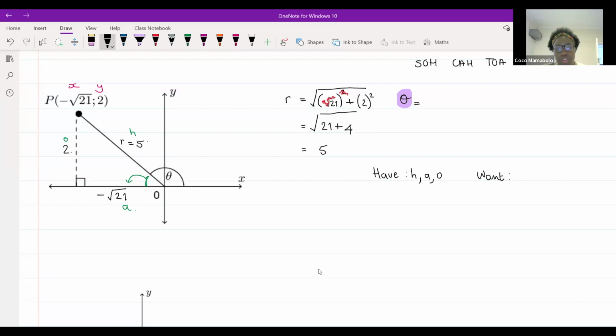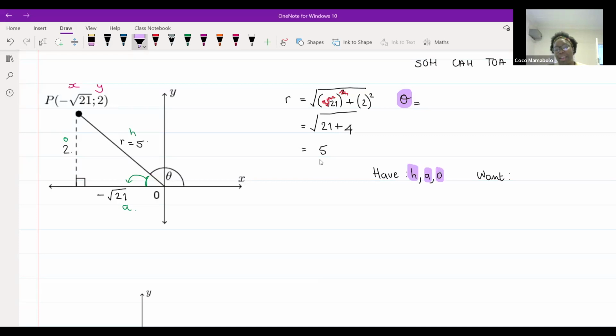Now, if I said to you, you have to use SOH, CAH or TOA, which one are we going to use? Which one has these elements? Is it sine? Is it cos? Is it tan? Which one uses hypotenuse, adjacent and opposite?